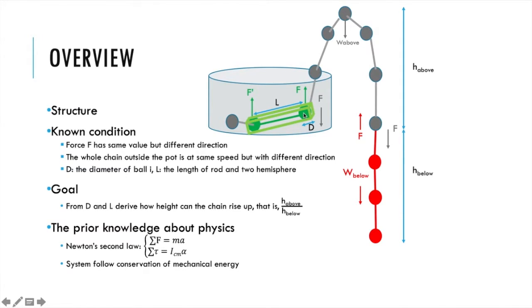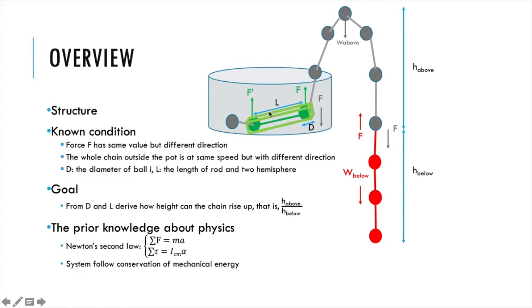We assume three kinds of force. Weight is W above and W below, respectively, for the gray part and the red part. And the force F is the force between links. These F are all the same value but in different directions.